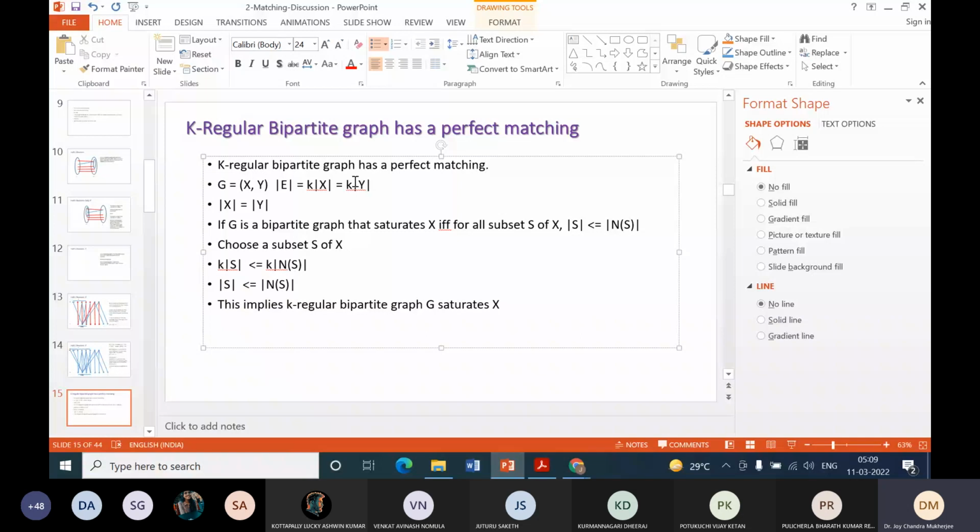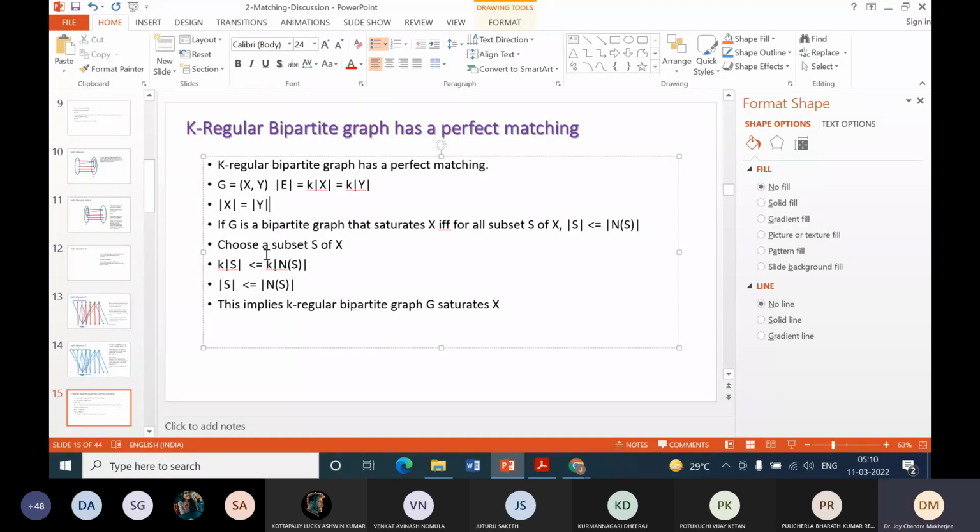Now what remains to prove? We have to prove that it has a perfect matching. What is the meaning of a perfect matching? Perfect matching means every vertex is saturated. So if I do a matching on this K regular bipartite graph, I will always get all the vertices saturated. Okay. So how do we prove it?